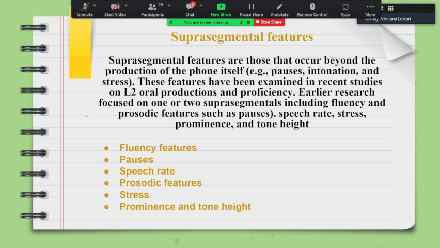And next we have stress. Stress is usually identified as the syllable in any given word that has the highest values for the following measures: pitch, length, and intensity. These phonological features become especially problematic with multisyllabic words, when a speaker has to choose one syllable to carry primary stress.